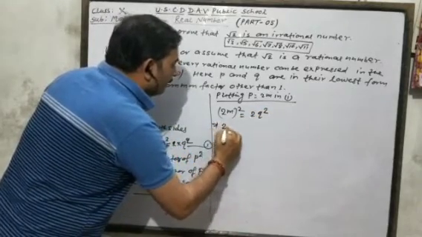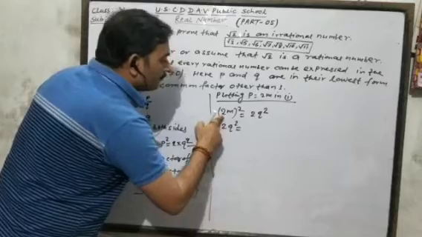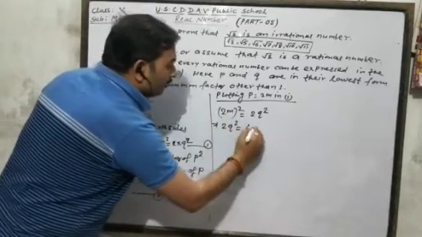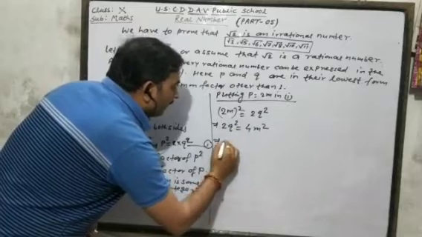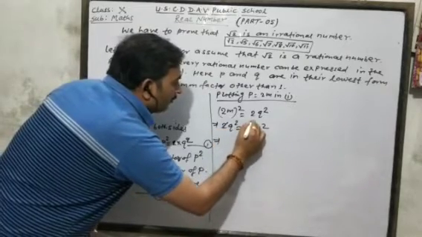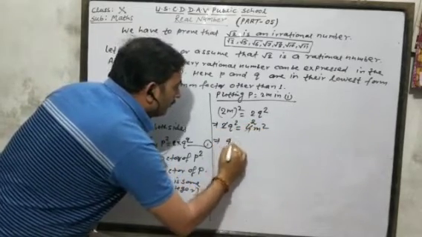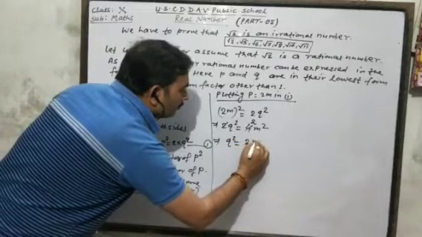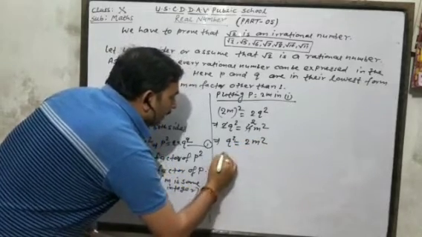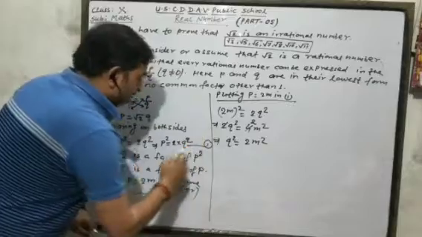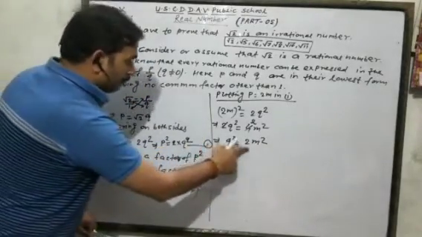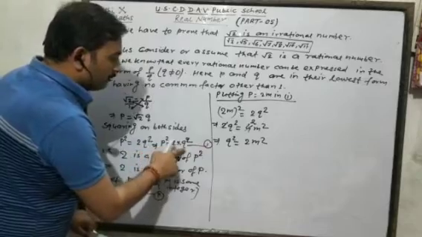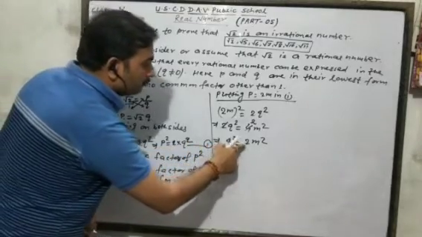This implies that 2q square will be, the square of 2 is 4 and the square of m is m square. Then cancel the 4 by 2, it will become q square is equal to 2m square. Here is the same result we have got: p square is equal to 2q square and here q square is equal to 2m square.